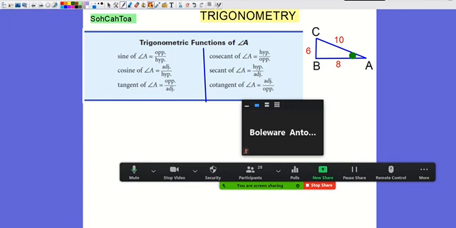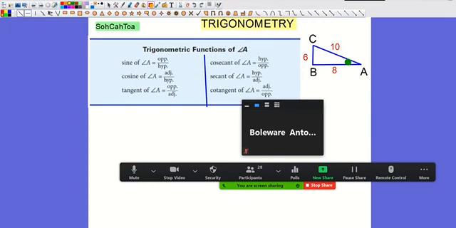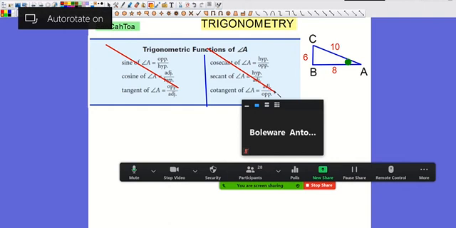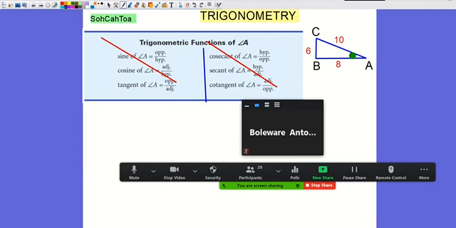I don't even want you paying attention to this right here. I just want to talk about three very basic terms called hypotenuse, opposite, and adjacent. Now hypotenuse is always going to be the side that the right angle is pointing to.